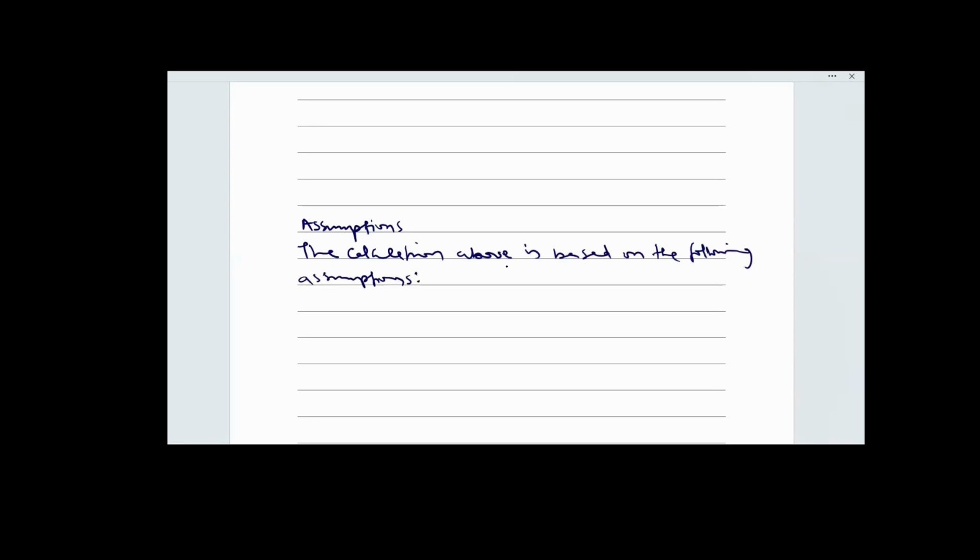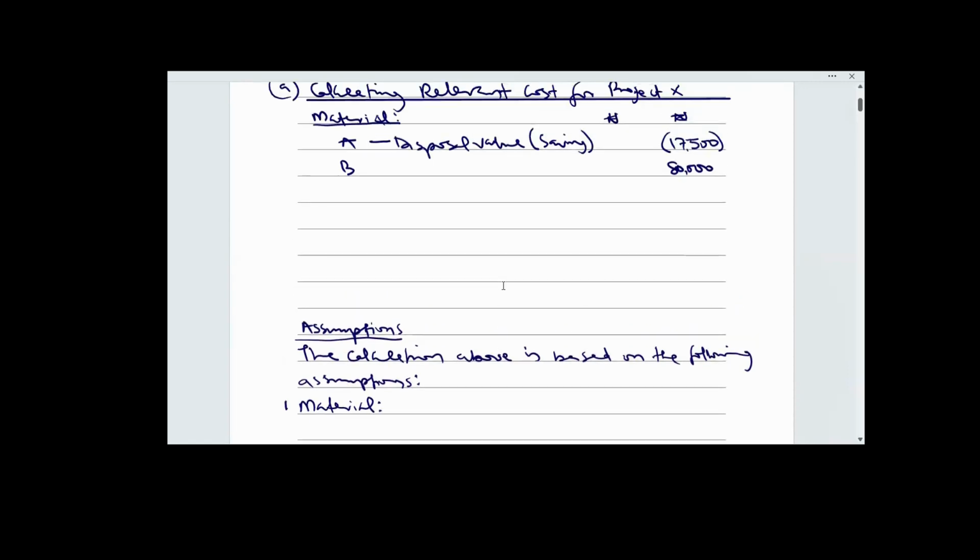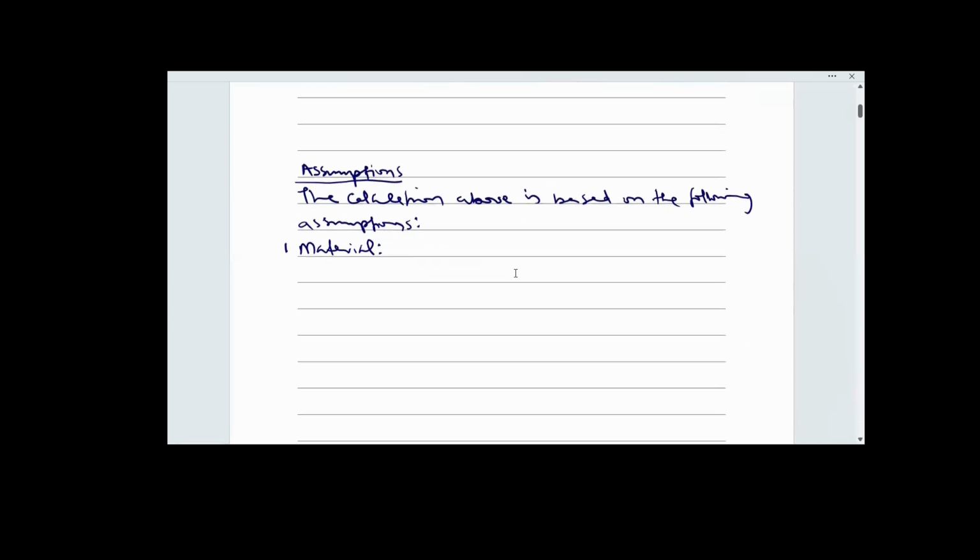Number one, material. Under material, what assumptions have we made? We made assumptions of 40,000 and then 17,500.